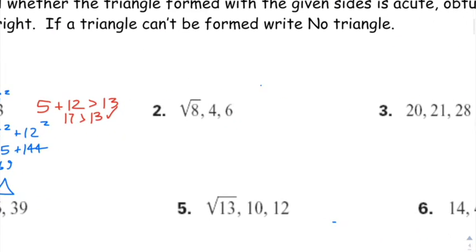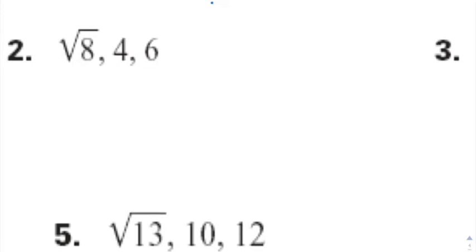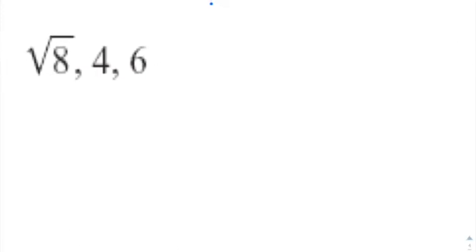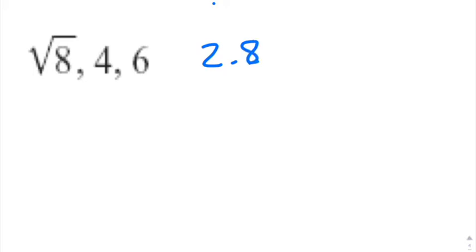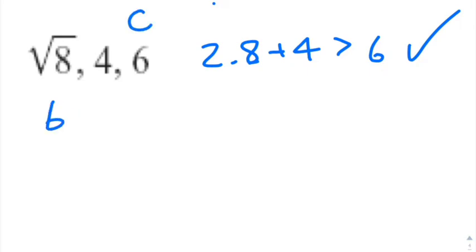Okay, this next one here. Notice you got square root of 8. I'm not exactly sure what that decimal is, so I need to use my calculator for it, and I already got it punched out here. It's about 2.8. So we're going to check 2.8, and the other small side is 4. That's about 6.8, and 6.8 is greater than 6, so we're good on that. We can make a triangle. So now we take your c squared. So we're going to say 6 squared, and then we'll see if it's equal.